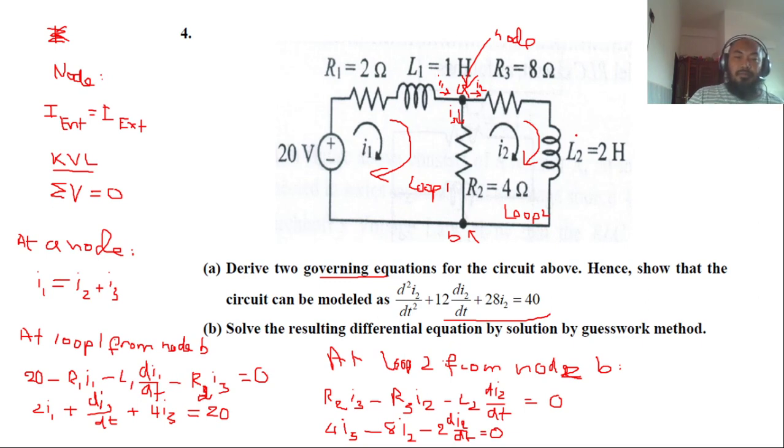You can see now we have two equations. This is one equation, this is another equation.